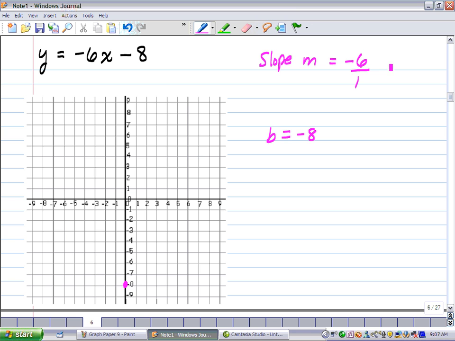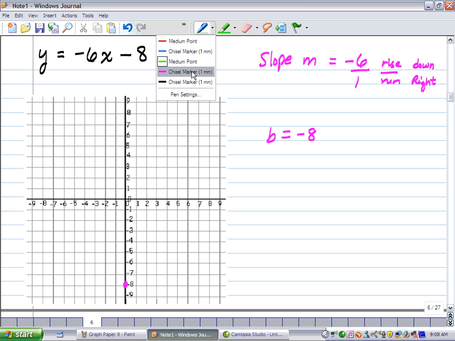So that means I should go down 6 and right 1. But look what's going to happen. Uh-oh, I'm running out of space. I can't fit it on this graph. So what am I going to do?